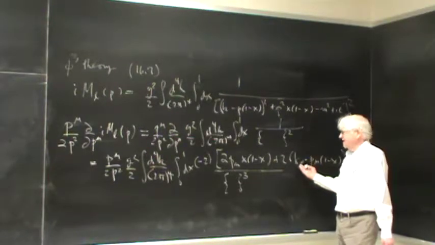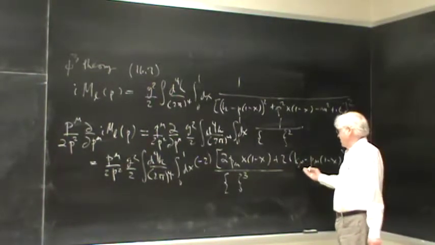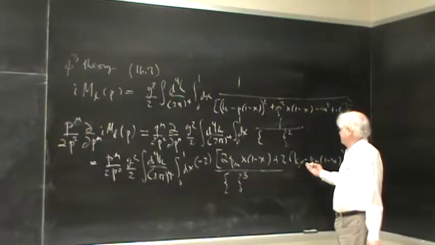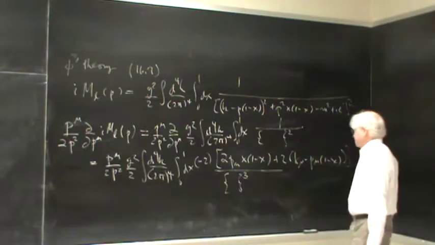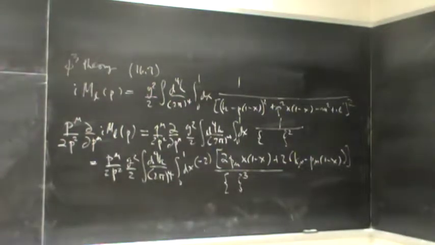and the k mu integration would vanish, wouldn't it? Because, let me see, are you missing a 1 minus x in the numerator from your (k minus p(1 minus x)) squared?